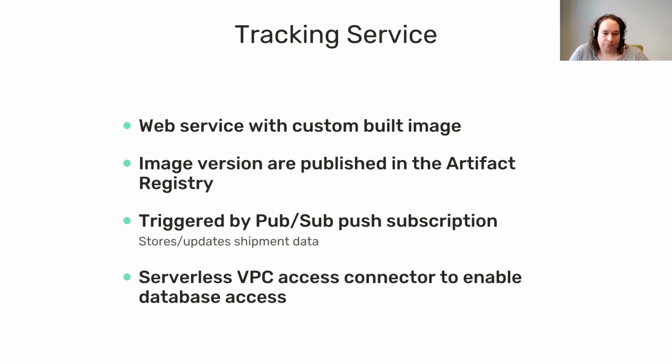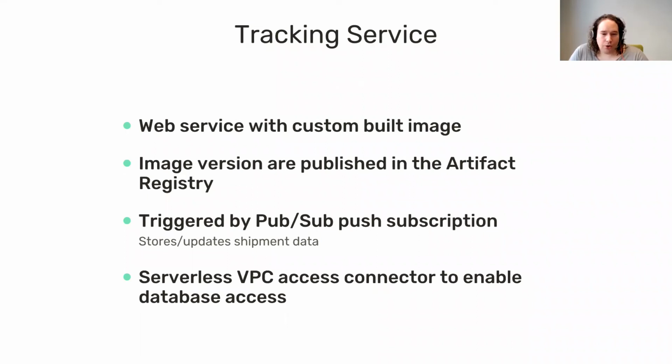You could use anything here. Something I would think of is maybe a Spring Boot application, for instance, to implement this. And the images are built somewhere in the CI/CD pipeline and are published in the artifact registry to make them available to Cloud Run.